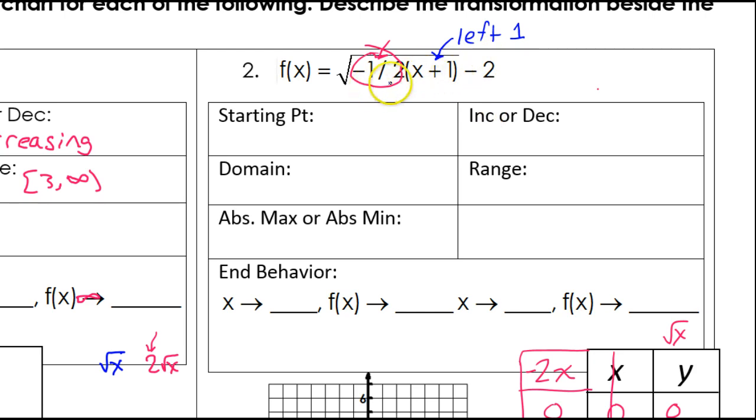Yeah, when you have a multiplier in front, you're going to have parentheses, so just leave it in this form with the parentheses to read it the way we're used to. All right, so in this form with the parentheses just like they are, this +1 means left 1. All right, what does this -2 mean on the end? It's going down. That means it's going down 2. Okay, so keep the parentheses.